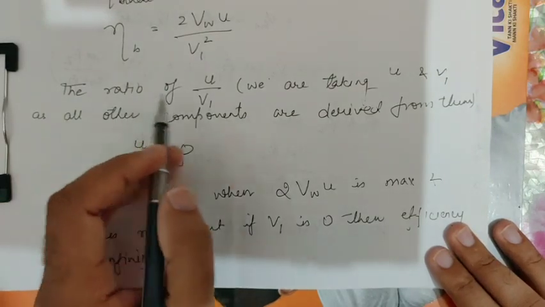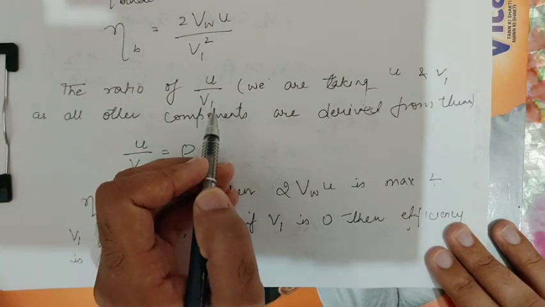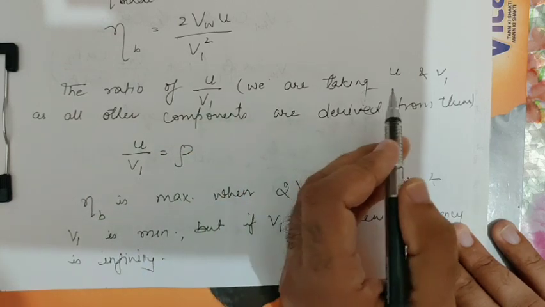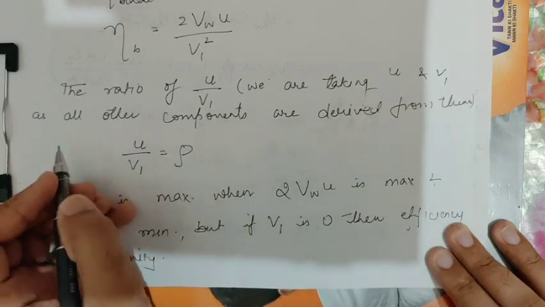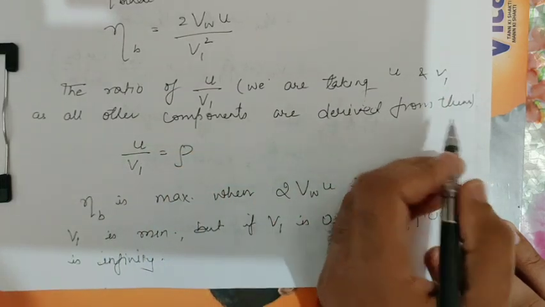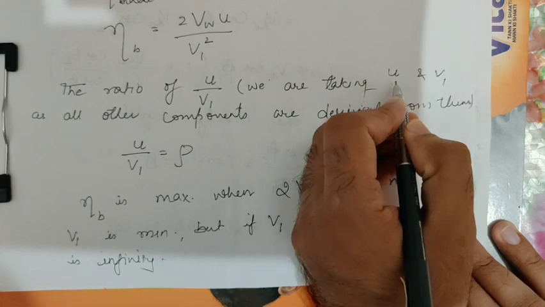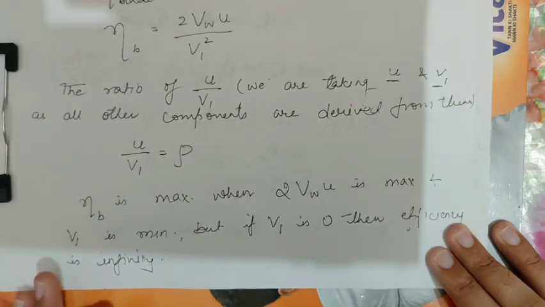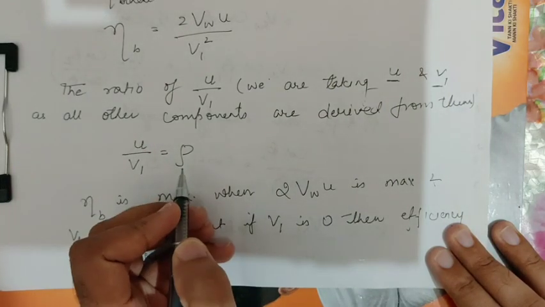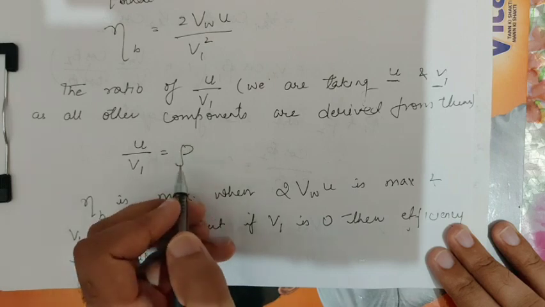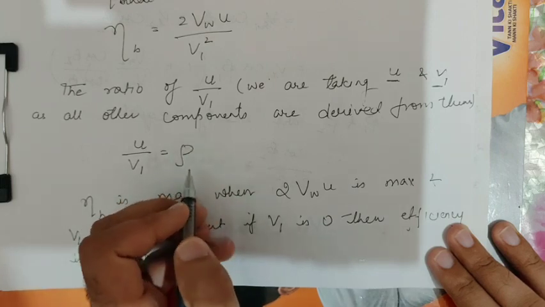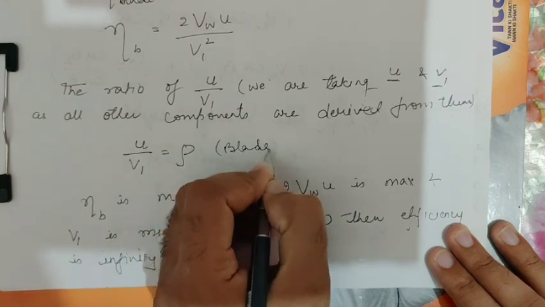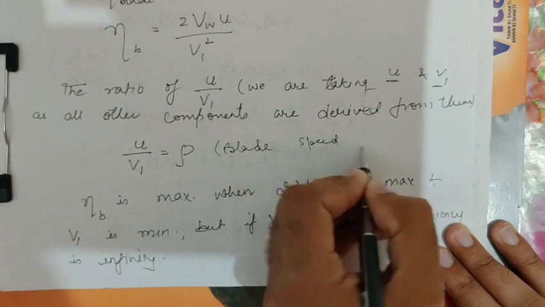So we take the ratio of u by V1, because we have derived all the other components in terms of u and V1. So u by V1 equals rho, let us consider it is rho. It is called the blade speed coefficient.